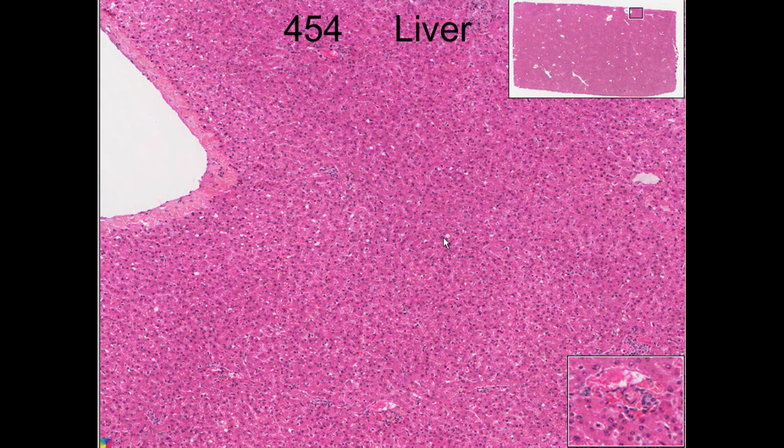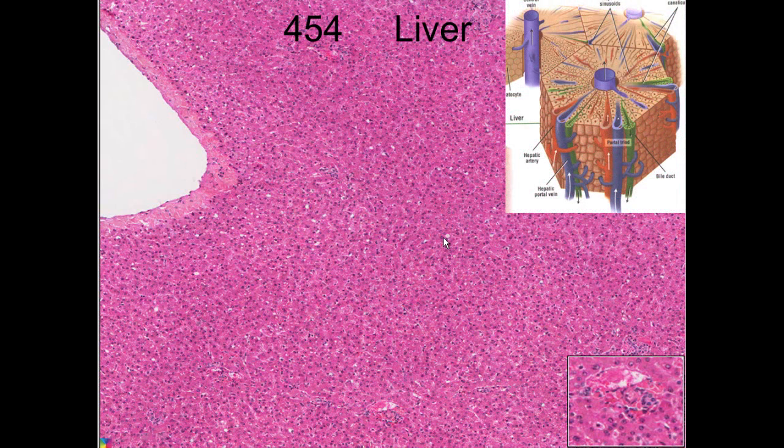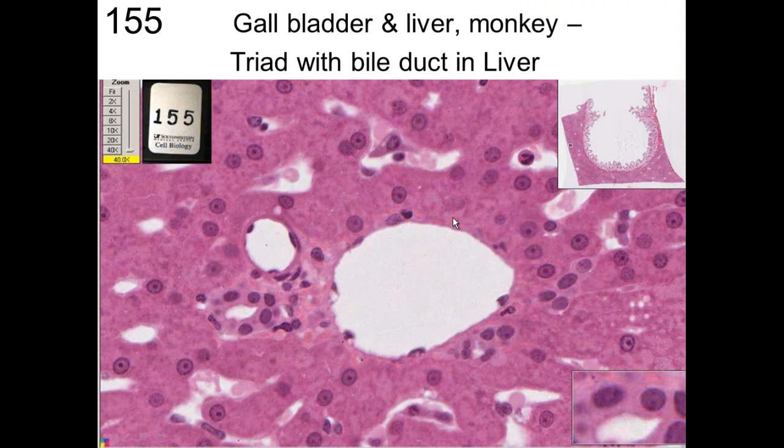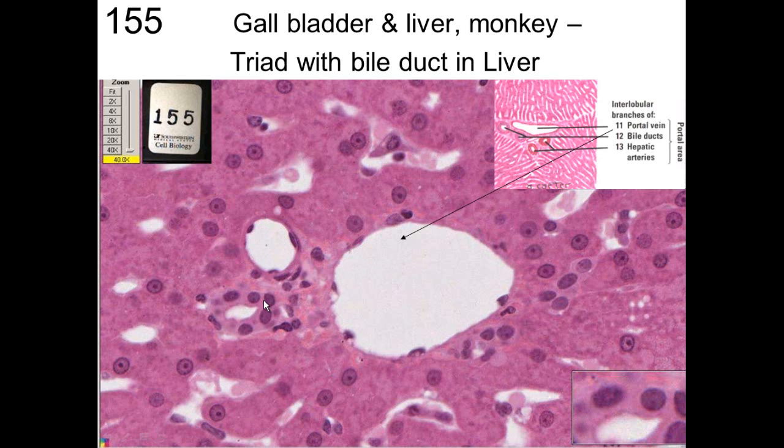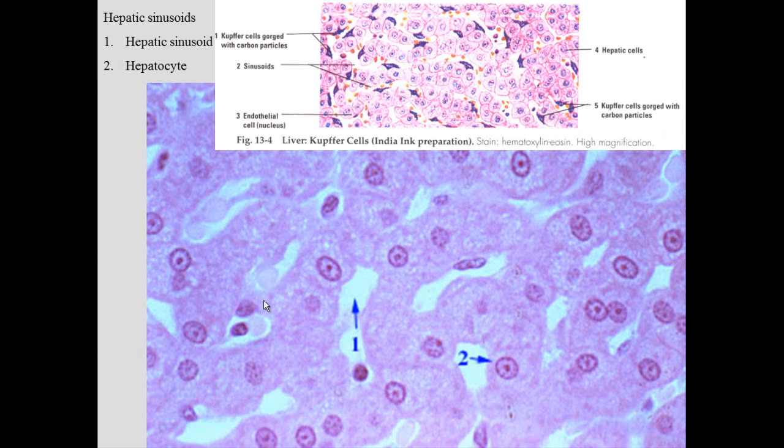But mostly what we see there are nuclei of the hepatocytes. If you look at one of those triads, you see the hepatic vein. You can also see portal vein. You see hepatic artery and the bile duct that we see there. So those are the things you can see: portal vein, bile duct, artery. Those are the triad components.